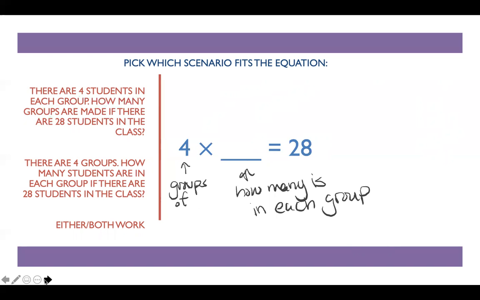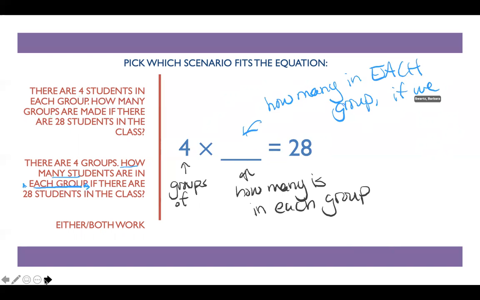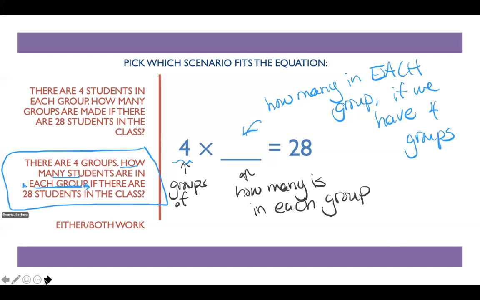Now the question, and maybe I'll put this in blue, is how many students are in each group? How many in each group if we have 4 groups? We have these 4 groups here. And so this one is now this scenario.